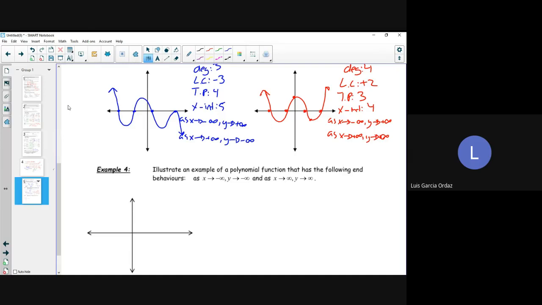So would that be linear, quadratic, cubic, quartic, or quintic? Cubic? Okay. And just give me the most basic one. Can it be linear? Yeah, it can be linear as well. So it doesn't matter, it's just an example. So we can take y is equal to x cubed.